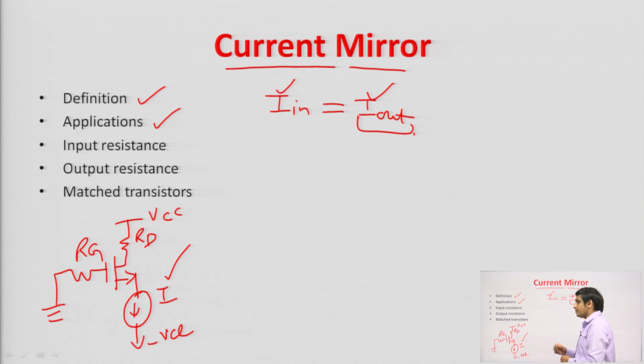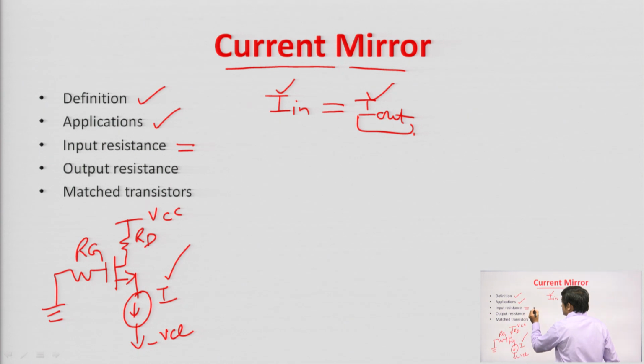In the case of BJT biasing using a constant current source, the advantage is that when we use this current source, that is the current mirror, in the biasing circuit, the operating point becomes independent of beta and temperature. There I had discussed this point; this is just the application of the current mirror. This current mirror is used to design this current source.